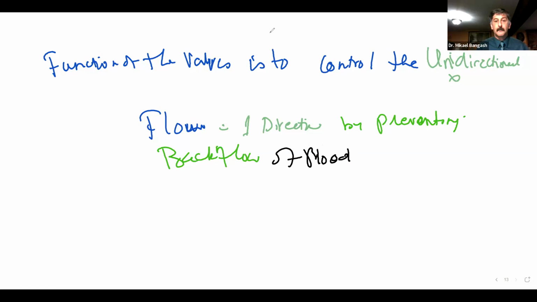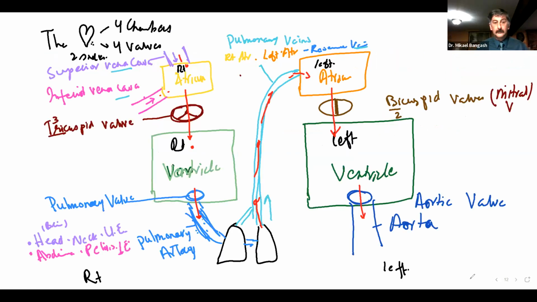Did that make sense? Now, what would we mean by backflow? You can say, I was a drop of blood, a group of blood cells, part of blood that has made it from the right atrium to the right ventricle. Sorry, guys. Clear? Did that make sense?